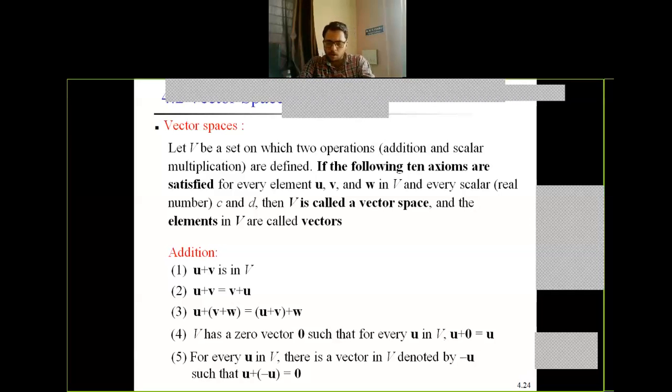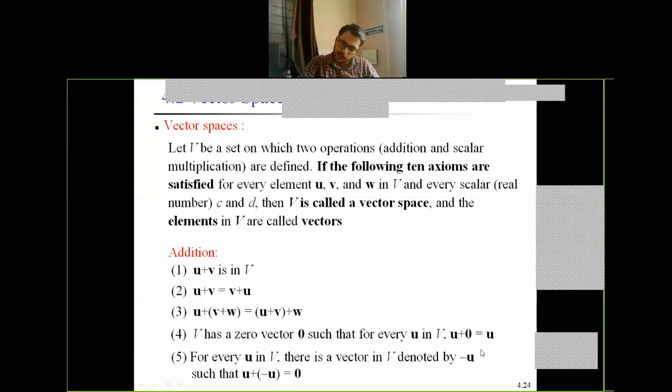In this slide we come to know two very important axioms among the 10 axioms. The first one is u plus v should be in V, and the second one is V has a zero vector 0 such that for every u in V, u plus 0 is equal to u.